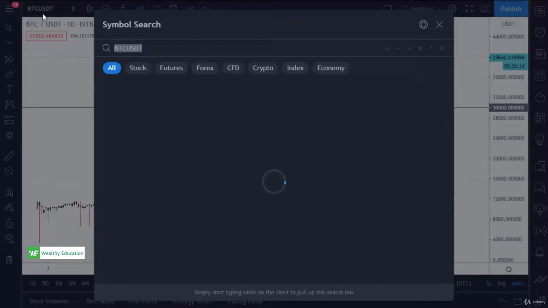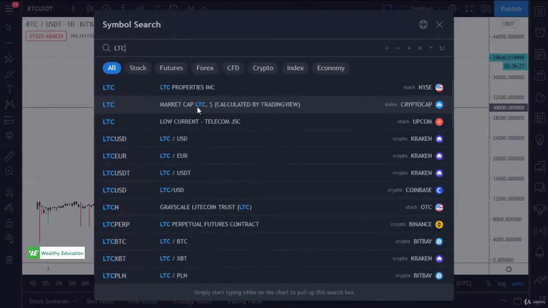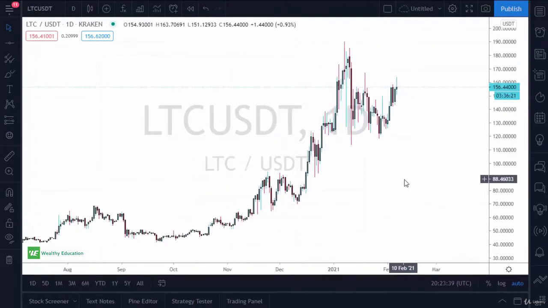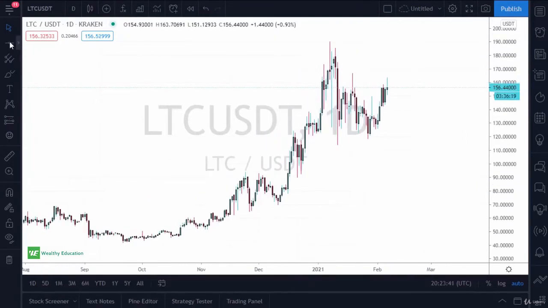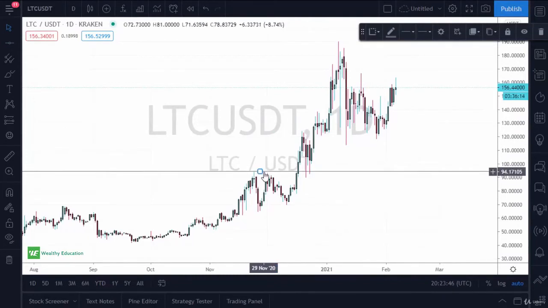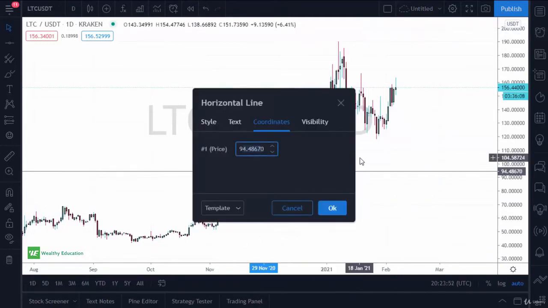Let's go ahead and change over to something else. Let's make it Litecoin Tether. And you can see it's a little bit more of an active chart. And this sets up right here. This is resistance. You can see that we tried to get above it. But I want you to notice something. And I'll go ahead and set the coordinates to 95.